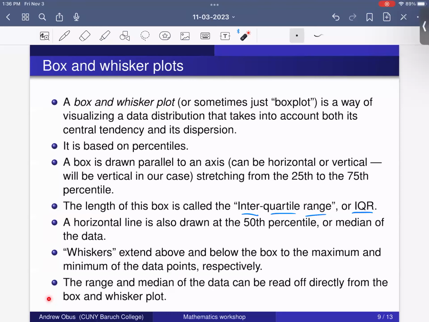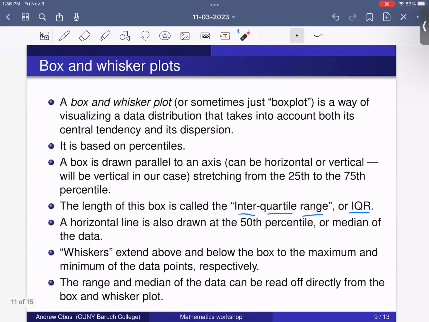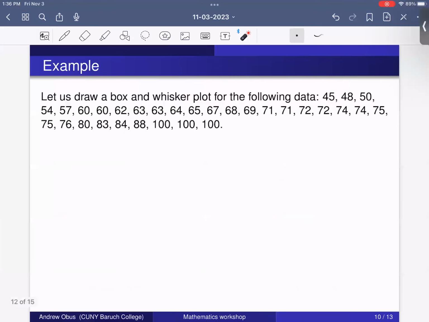There are various variants of this, where you don't draw the whisker all the way to the maximum and the minimum; there are different conventions for how people do this. But for now, let's use this definition. I just want to do one example. Let's say we have the following data, and we want a box and whisker plot for it.